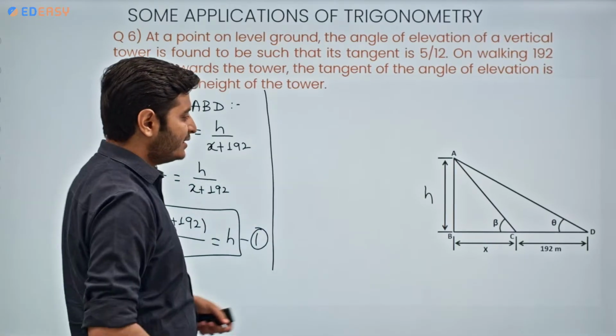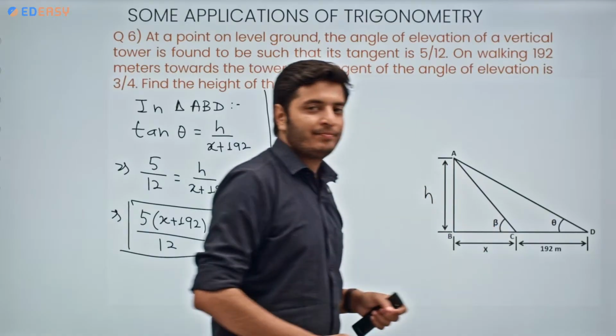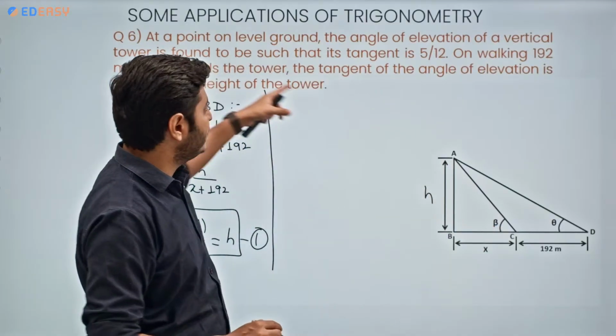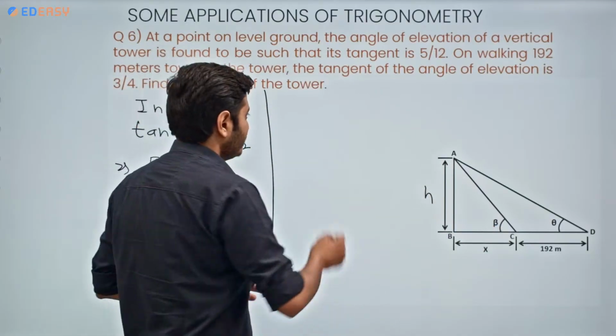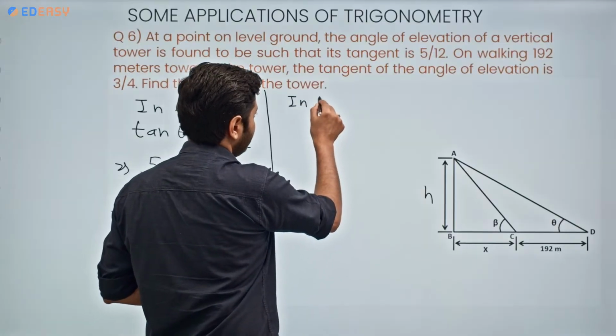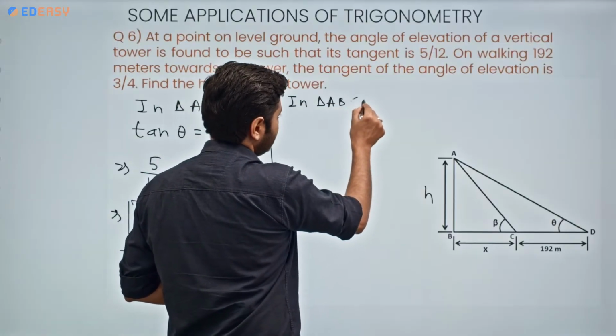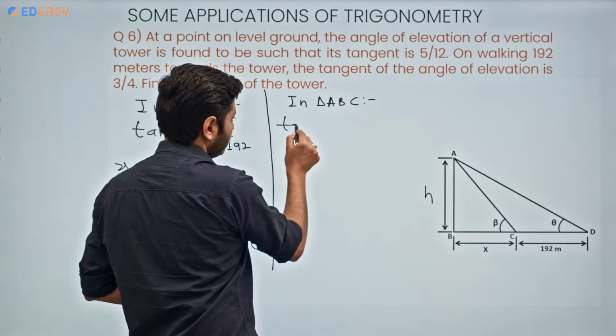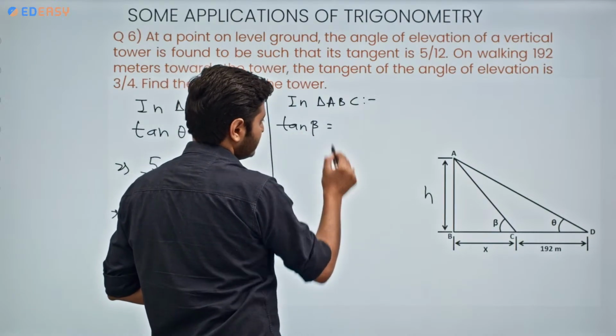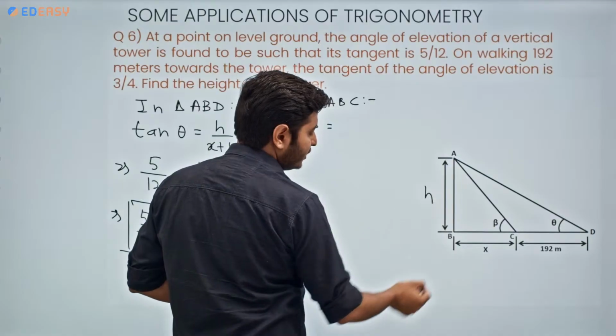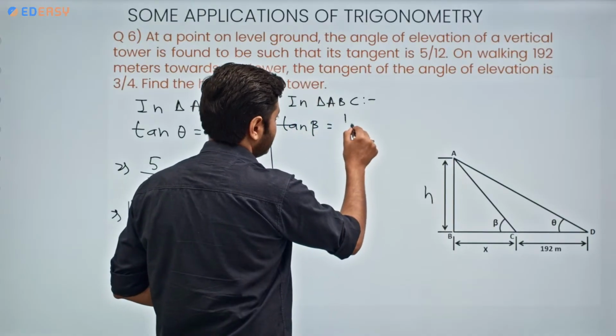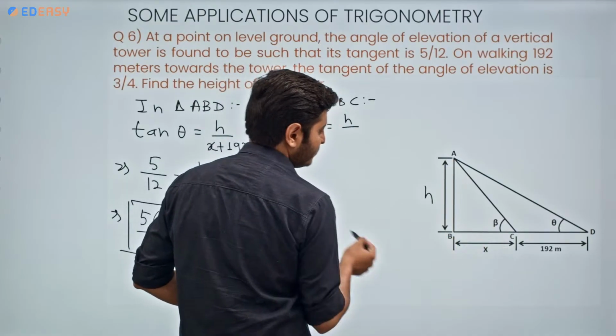Now, second triangle, triangle ABC. In triangle ABC, again the value of tangent is given. So in triangle ABC, tan beta is equal to side opposite or perpendicular AB, that is h, by base BC.